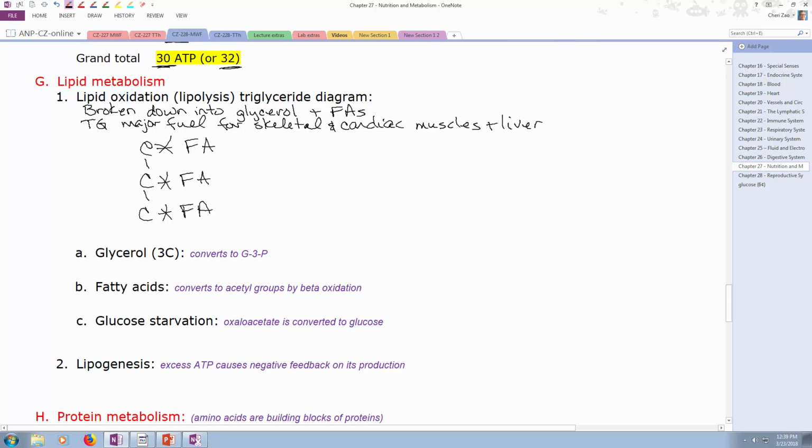I don't know if you remember, but there's something very important you need to realize about the carbon length of each fatty acid chain in our body that occurs naturally. Do you guys remember what's really important about the number of carbons in our fatty acid chains? They're always an even number. So our fatty acid chains are always an even number of carbons.